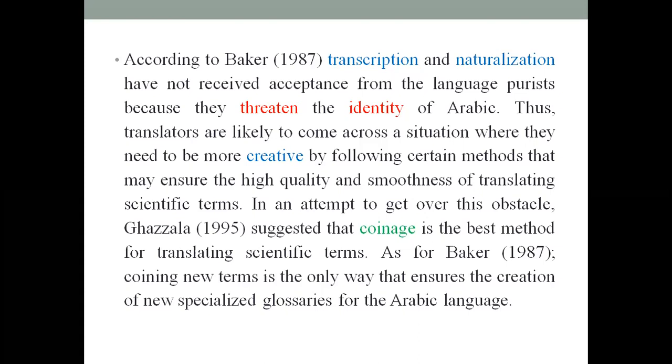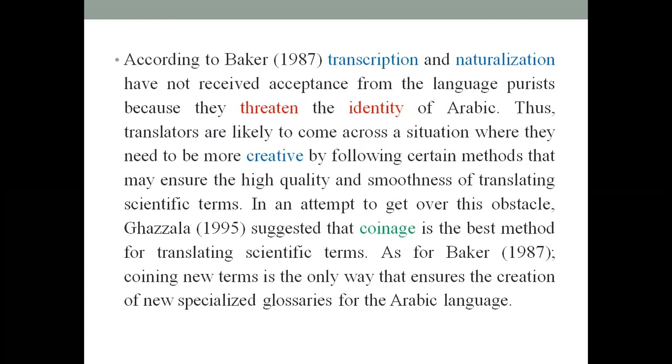So we feel as if we are not speaking real Arabic. So transcription, naturalization, or Arabization, all of these terms refer to the same strategy. According to Mona Baker, the extensive use of this strategy threatens the identity of the Arabic language. And also, Arabic translators should be more creative and should invent new vocabularies.